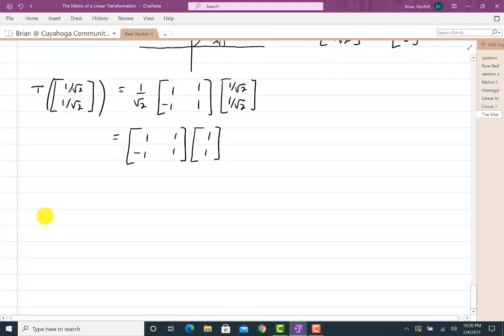And now let me go ahead and do the multiplication. I'll use the row vector method for doing it. And I'll keep doing it for a while to remind you of how it works. But you match this row with this vector, of course. And so I take 1 times 1 plus 1 times 1. And same thing over here. Negative 1 times 1 plus 1 times 1.